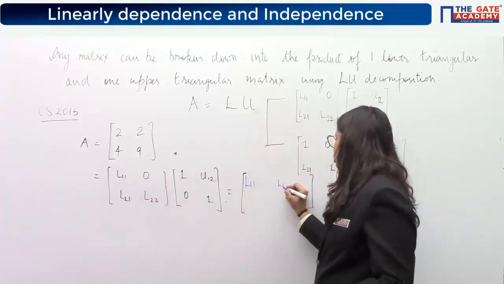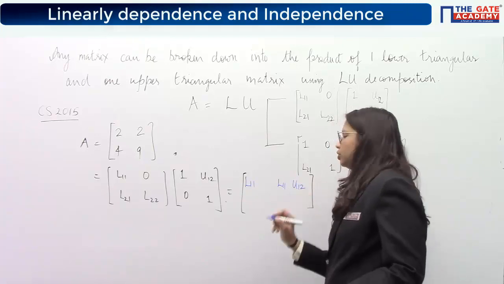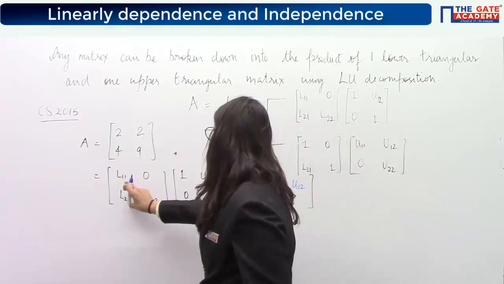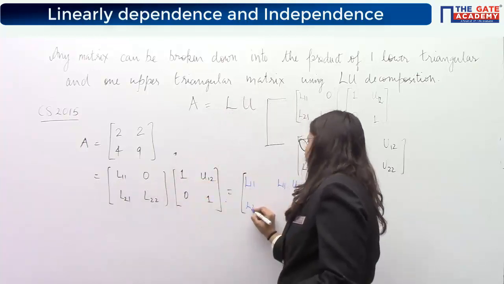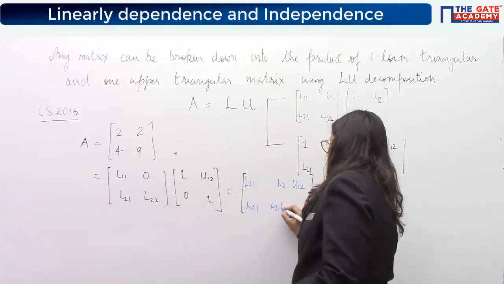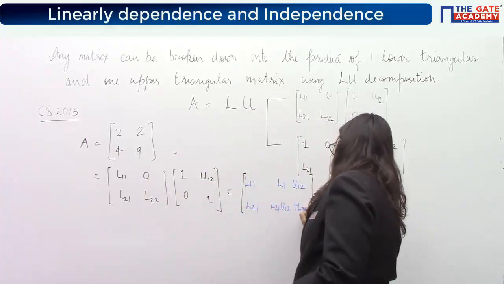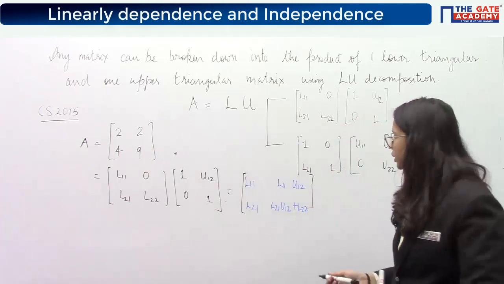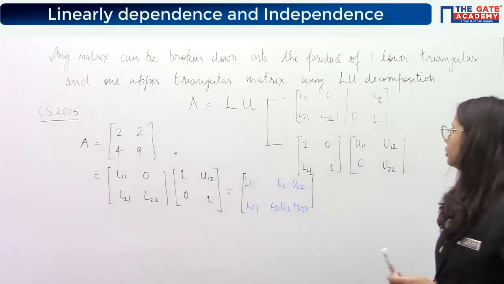What you should get is L11 into U12. Similarly, for this element, multiply this row with the column. So you will get L21 U12 plus L22. Just basic matrix algebra. If you are not getting it, please tell me. Now what will you do?